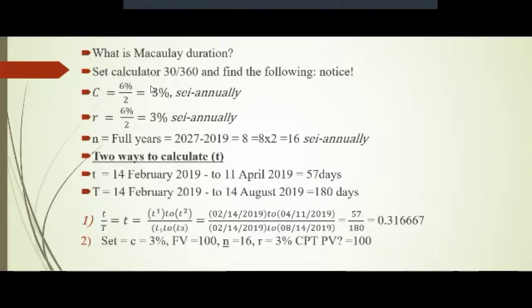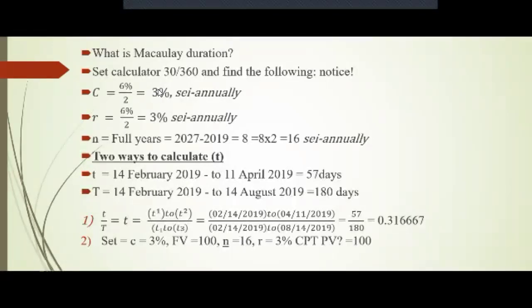We will get 57 days. If you use the calculator, you will find that. And capital T here is 14 February 2019 to 14 August 2019. We will get 180 days.